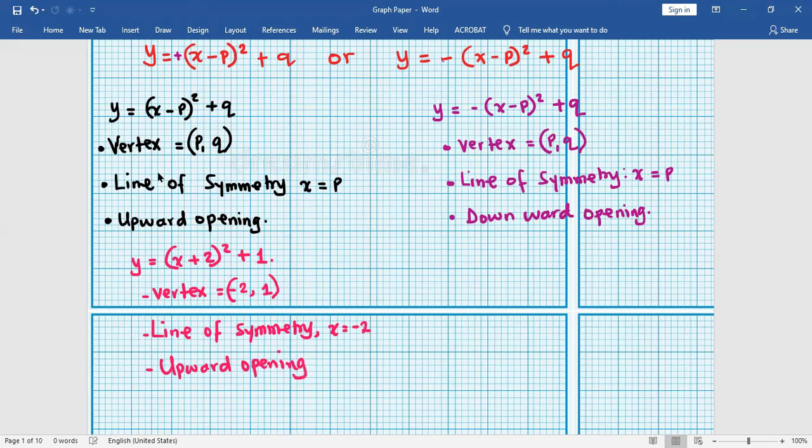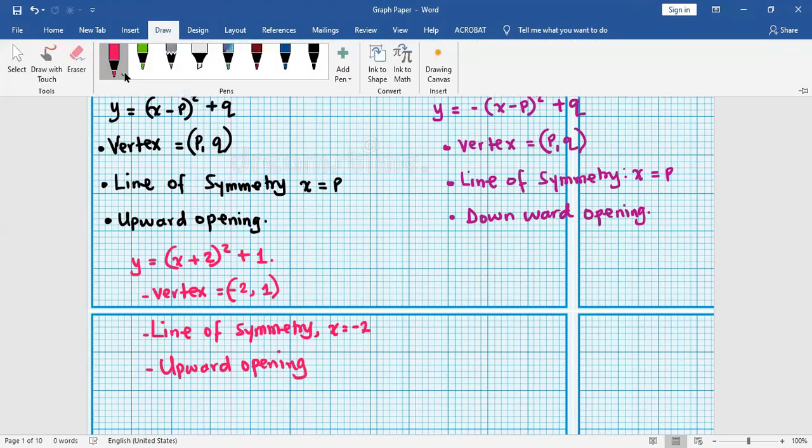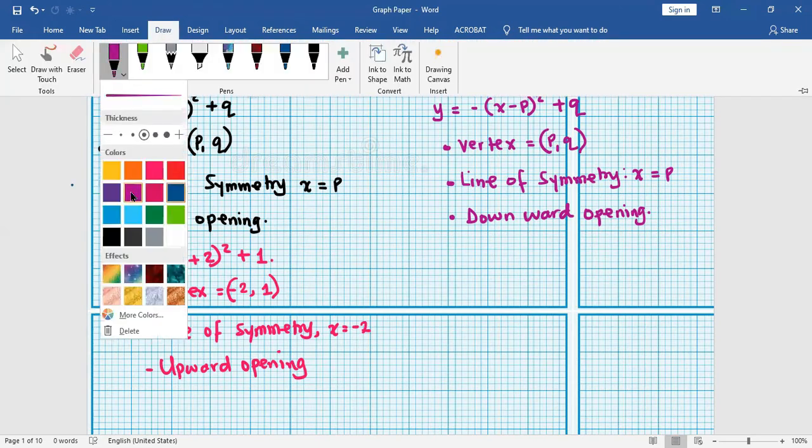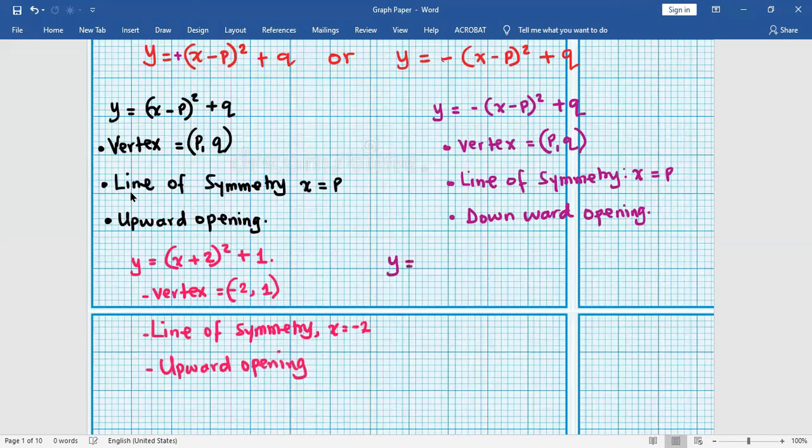Okay. So what about if the function is y equals minus (x minus 5) squared plus 1. For this one, the vertex will be, now this is minus 5. Because here we see that it is minus p, so minus and minus give you positive.